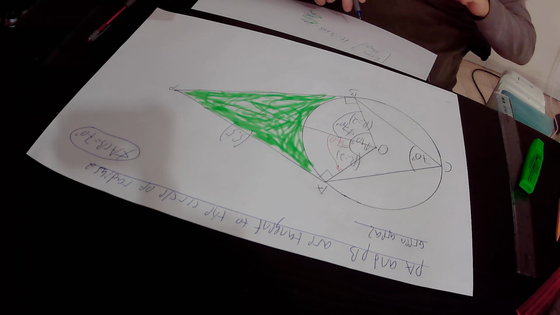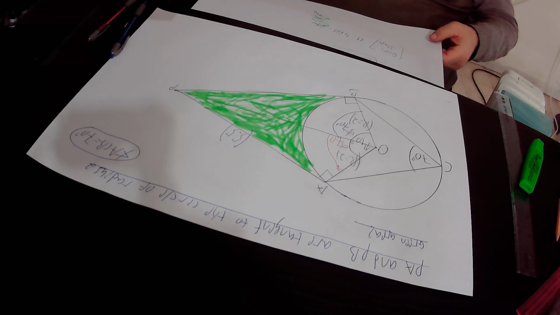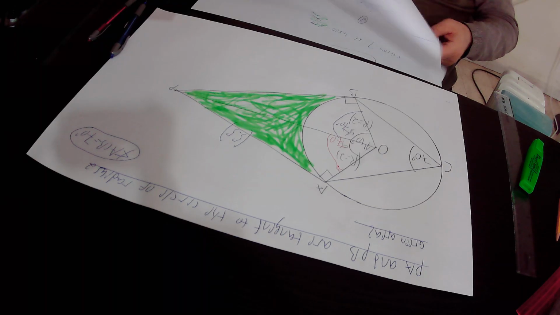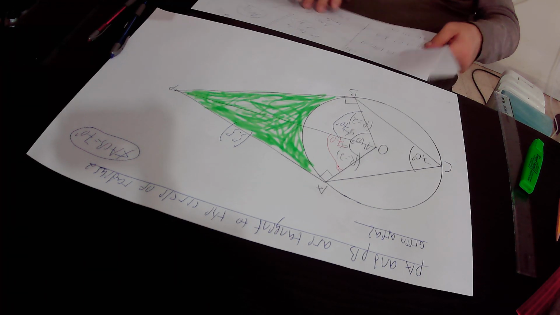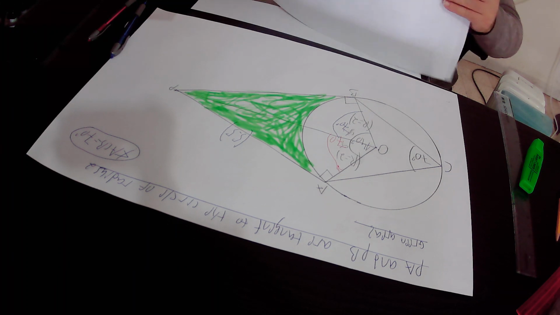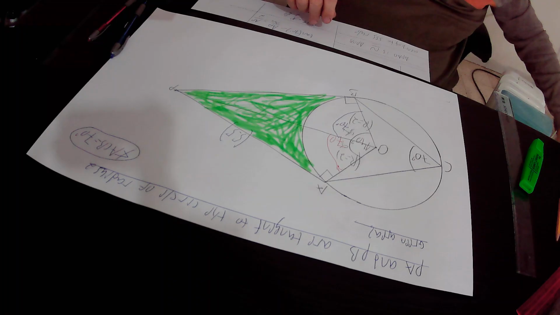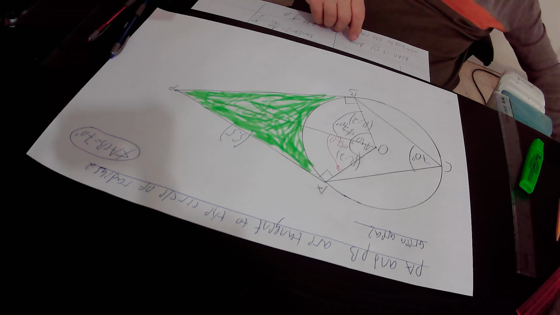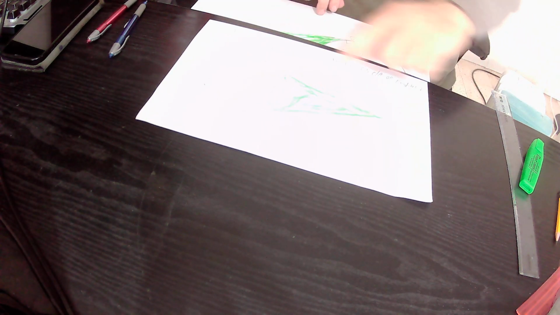In the next step, I will summarize the lecture. In this lecture, we found out the area of this green shape.